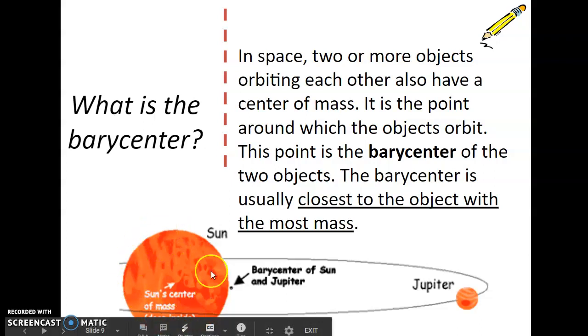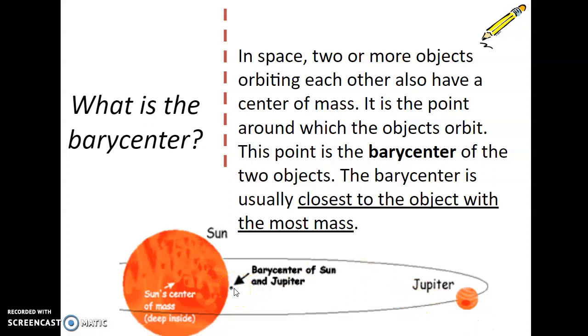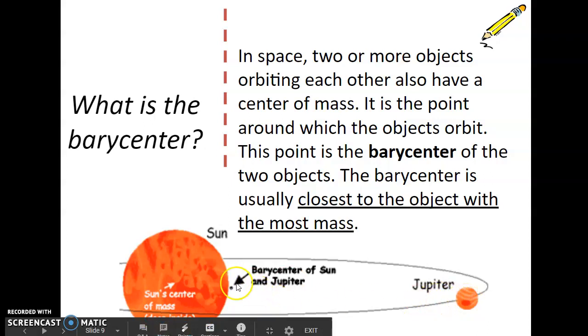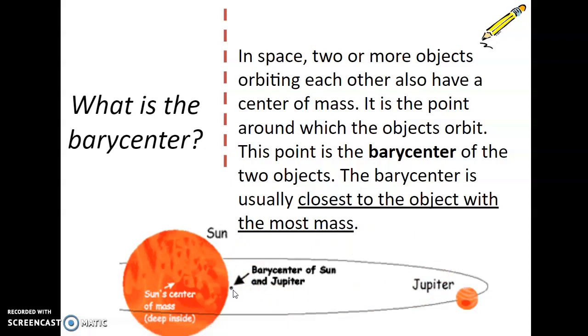The sun is binary body 1, and Jupiter over here is binary body 2. So the barycenter between the sun and Jupiter is closer to the sun because the sun has a greater mass than Jupiter. So this is what the two objects are orbiting about, this little dot here, which we refer to as the barycenter.